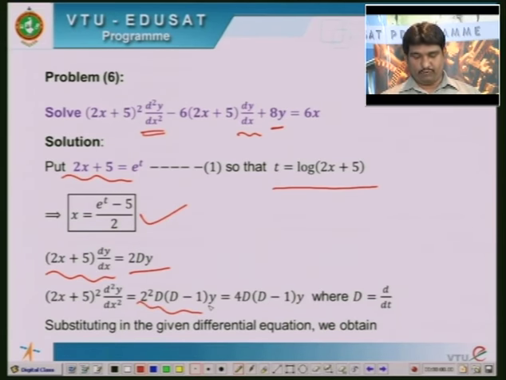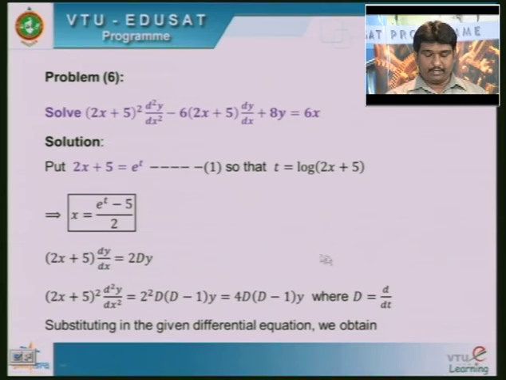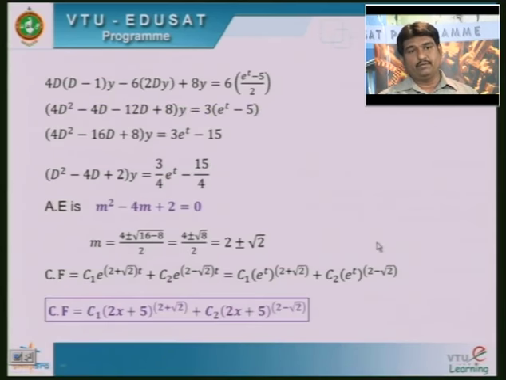So 2² is 4, giving 4D(D − 1)y, where D represents a derivative with respect to the new variable t. Substitute all these things in the given differential equation.